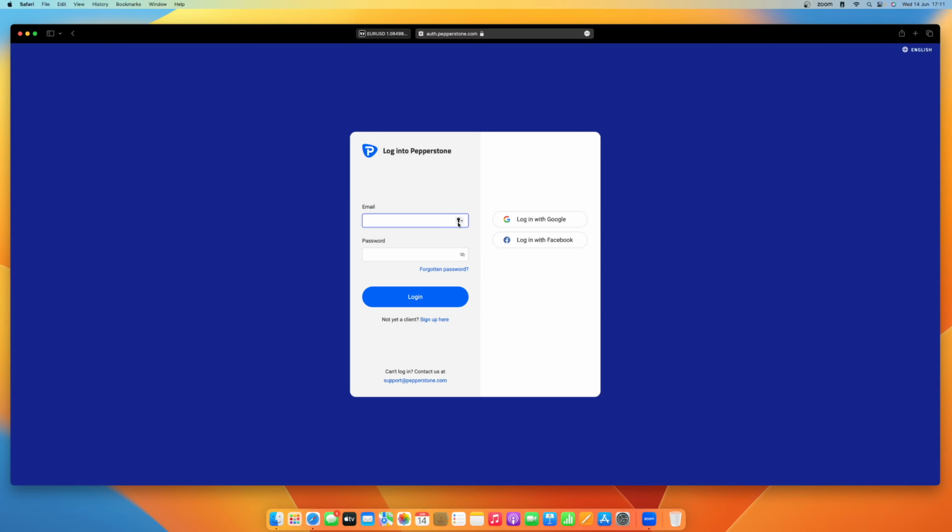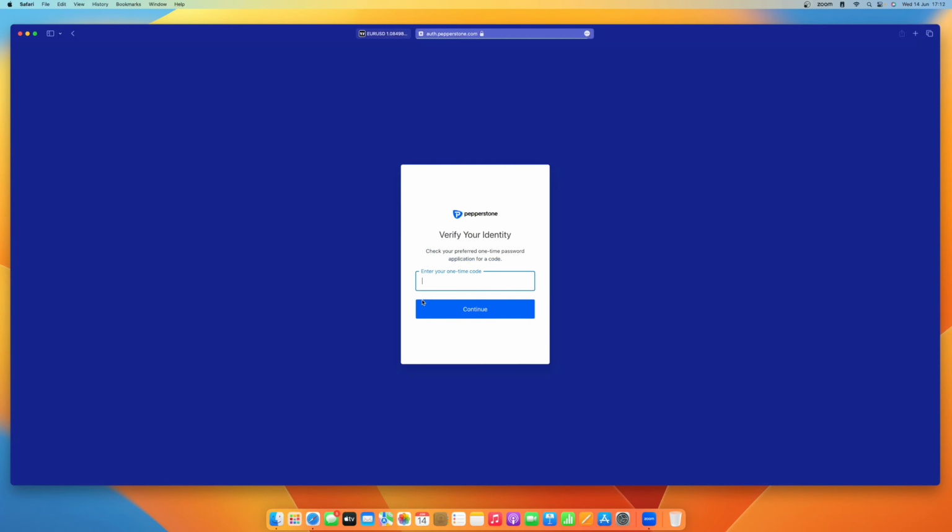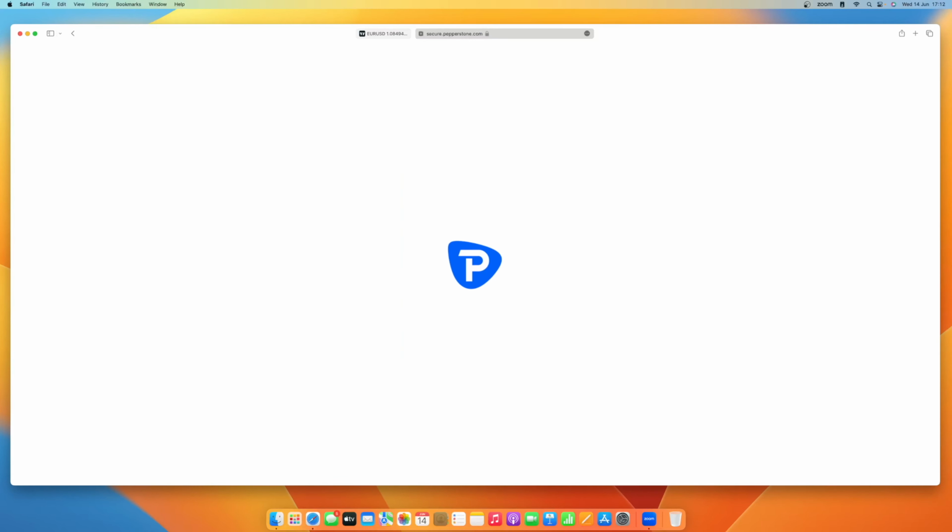I'm just going to log in with my email and password. Now I'm going to go to the authenticator app and input the one-time code, 223261. Then click on enter. It's going to take me directly to my page now.